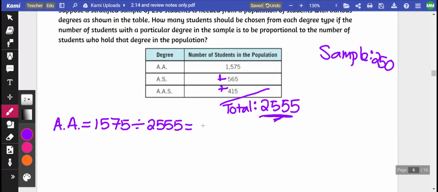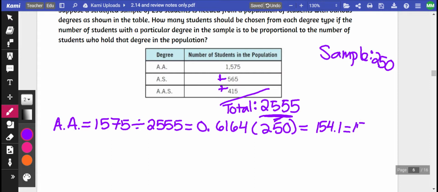And I get 0.6164. And I'm going to take that times the total number in our sample, which is 250. And I get 154.1, which is 154 students.